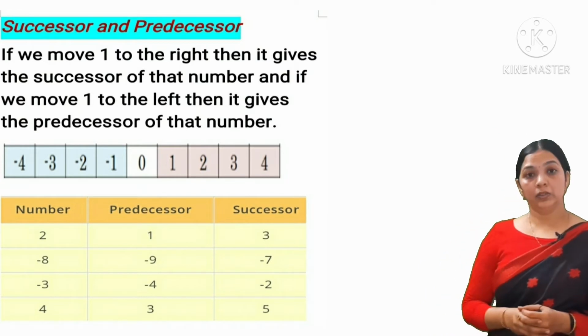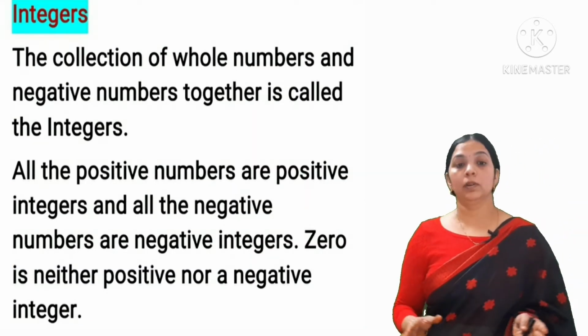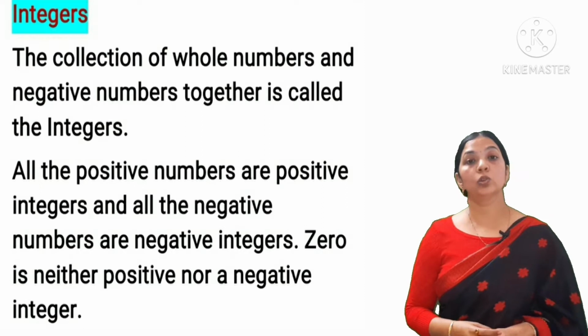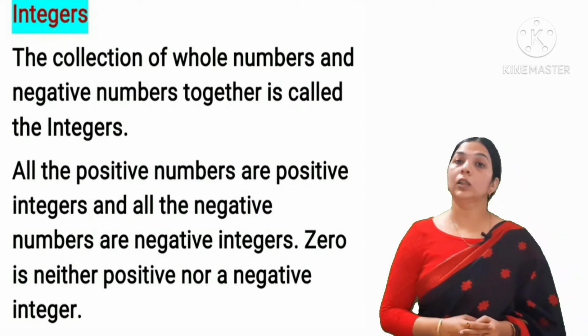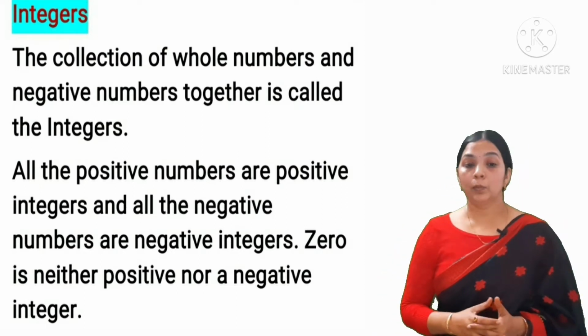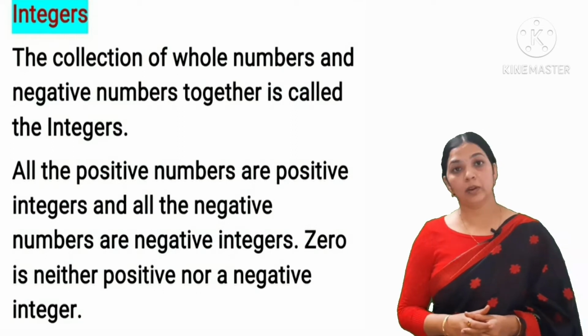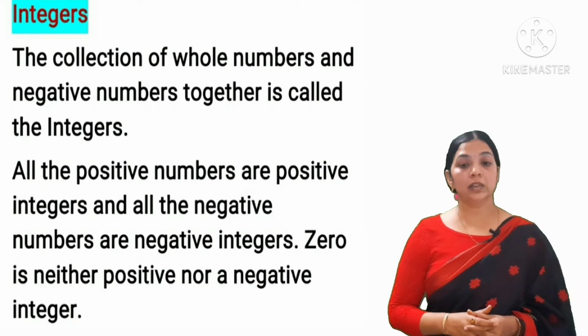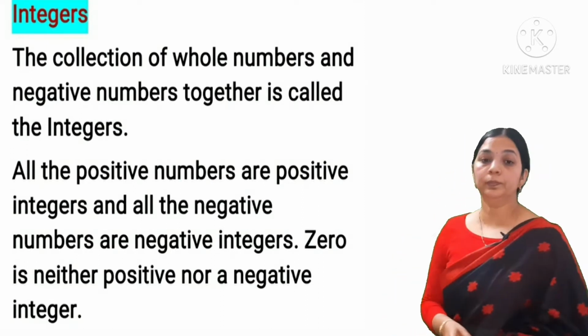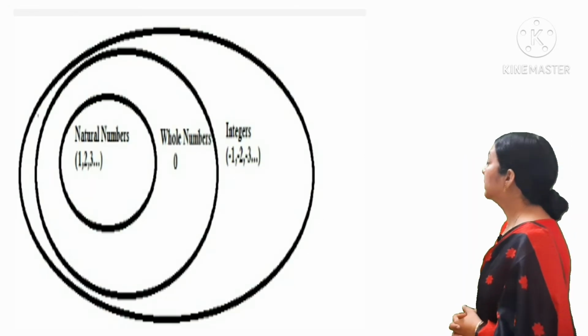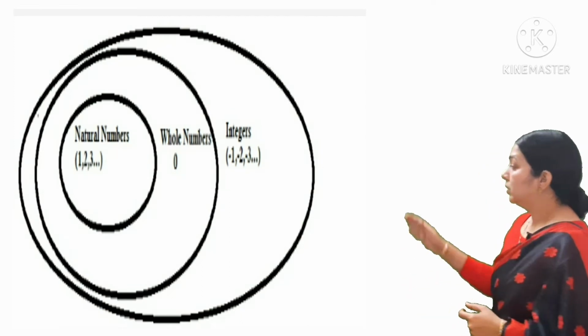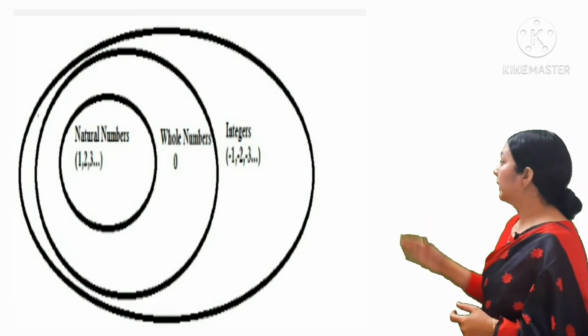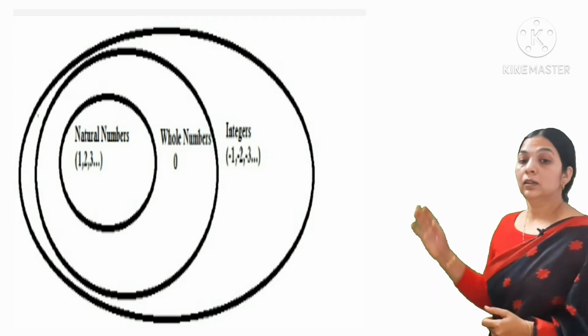Now, what are integers? The collection of whole numbers and the negative numbers together is called integers. All the positive numbers are positive integers and all the negative numbers are negative integers. Zero is neither positive nor negative. Here in the diagram you can see natural numbers, that is 1, 2, 3, and so on.